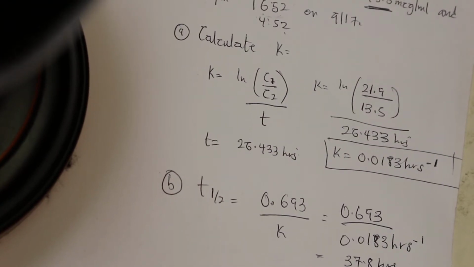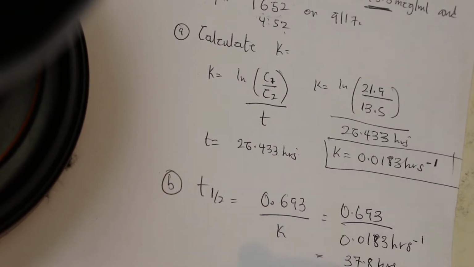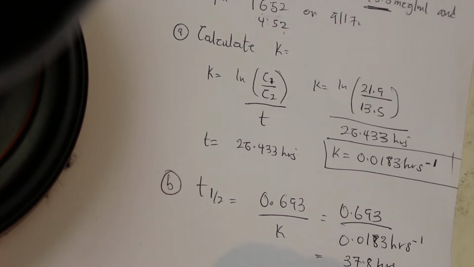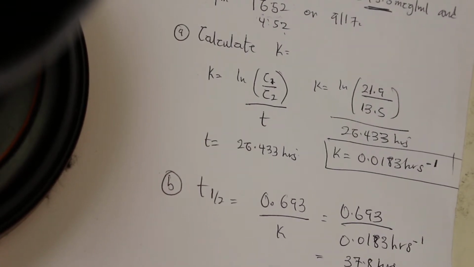Part C is to calculate the initial concentration when the dose was given. To do this, we have a special equation: C0 equals C2, the second concentration, divided by e to the negative kt.